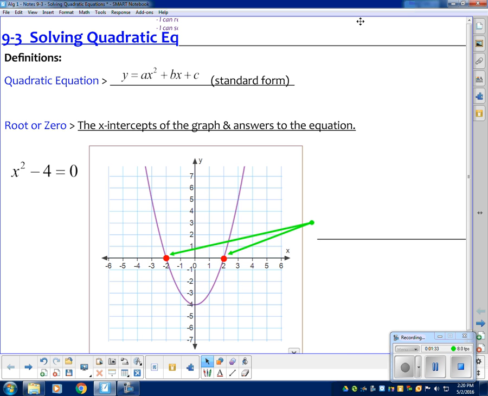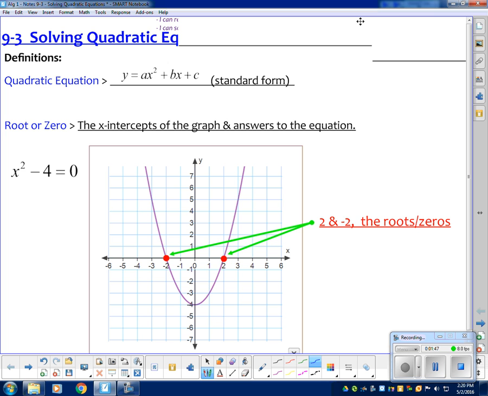So right here in this equation, we can see that the roots or zeros or x-intercepts, whatever you want to call them, are 2 and -2, because that is what would make the x squared minus 4 equal to 0. If you plug in 2 and square it and then subtract 4, you get 4 minus 4, which is 0.